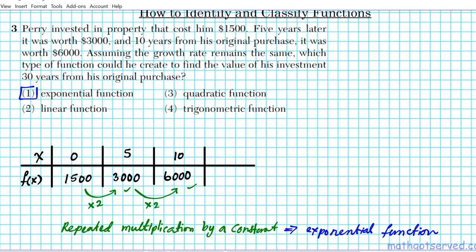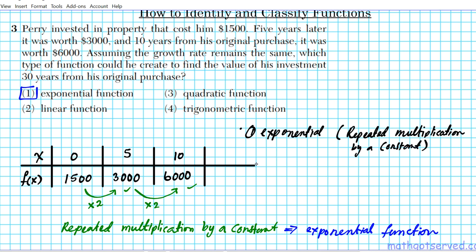Okay, so let's go ahead and write down some notes concerning how to identify these different functions. For the first one, exponential function involves repeated multiplication by a constant. And then for linear function, guess what that is?